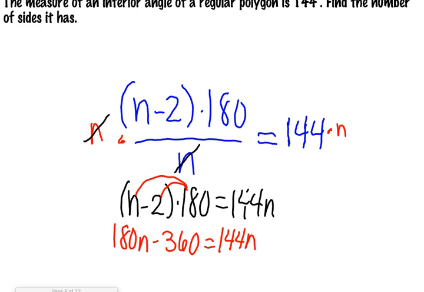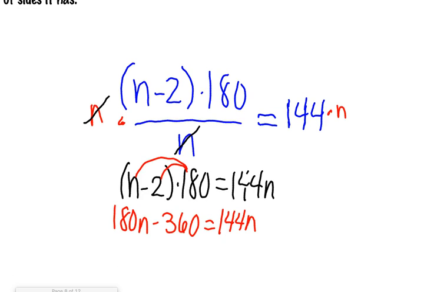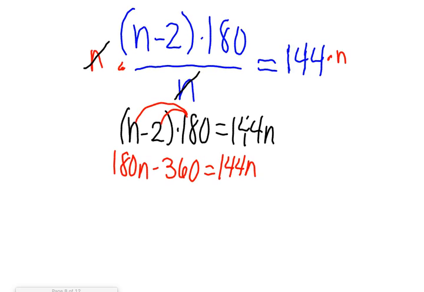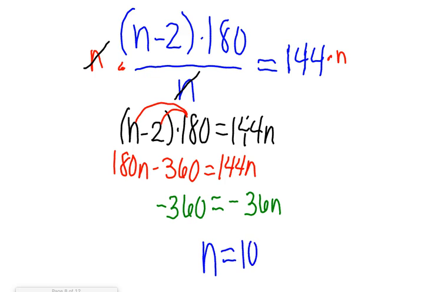Now I'm going to get my n's to the same side, right? So 360 equals 36n. Then we divide out. n equals 10.